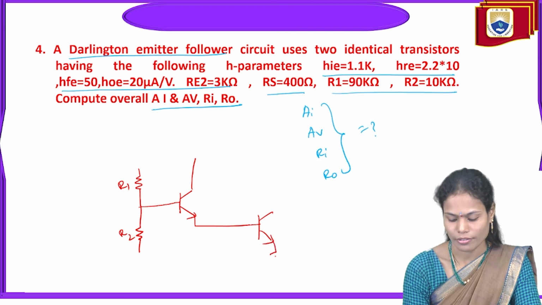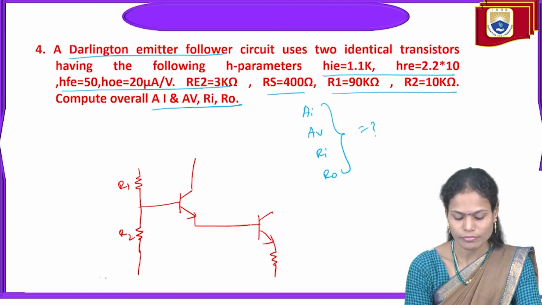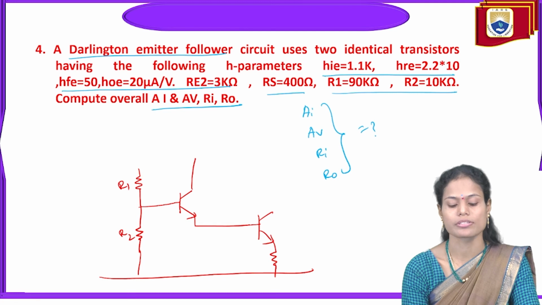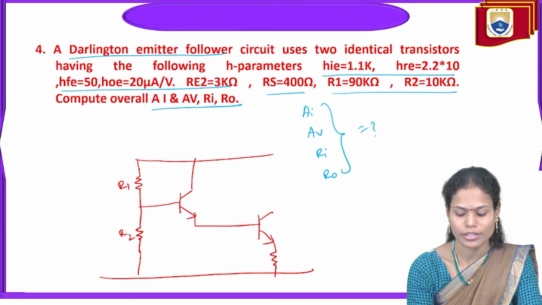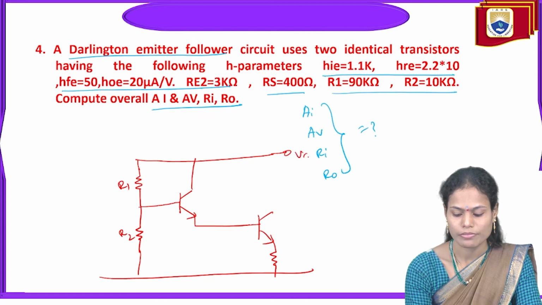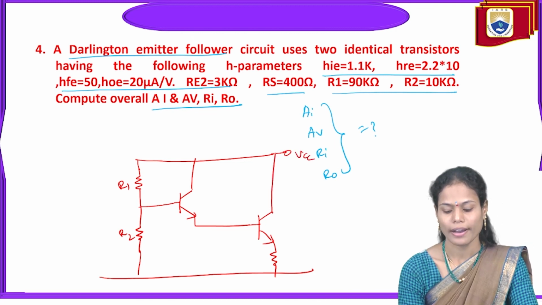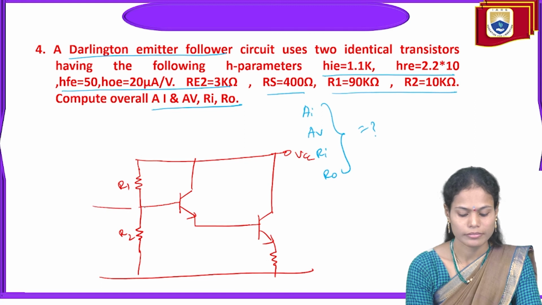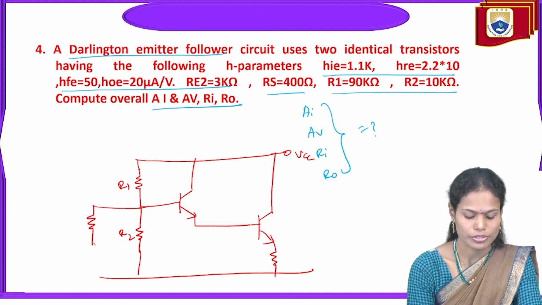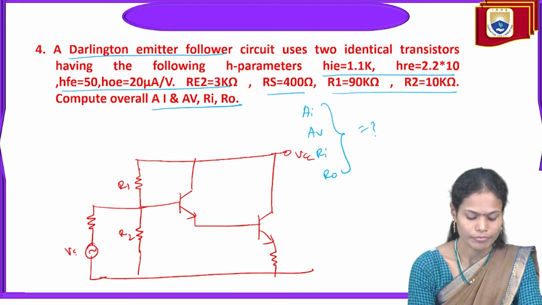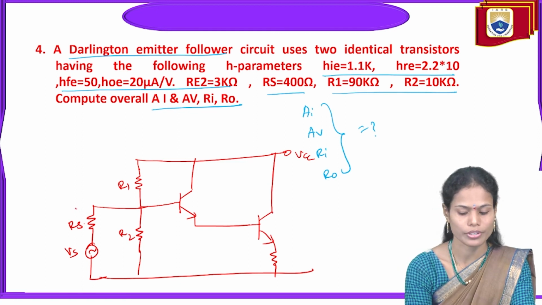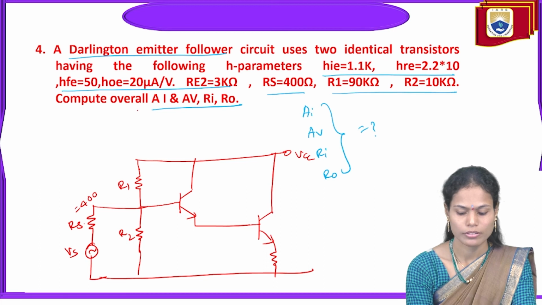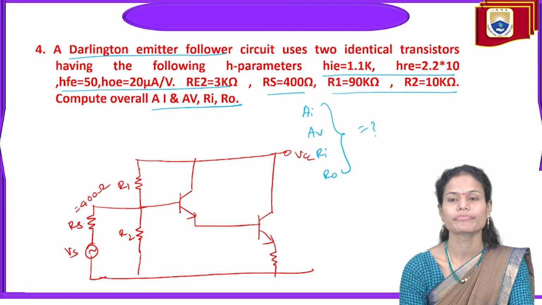Here we have the emitter resistance, connected to plus VCC, and through the source resistance RS, that is 400 ohms, we apply the source.